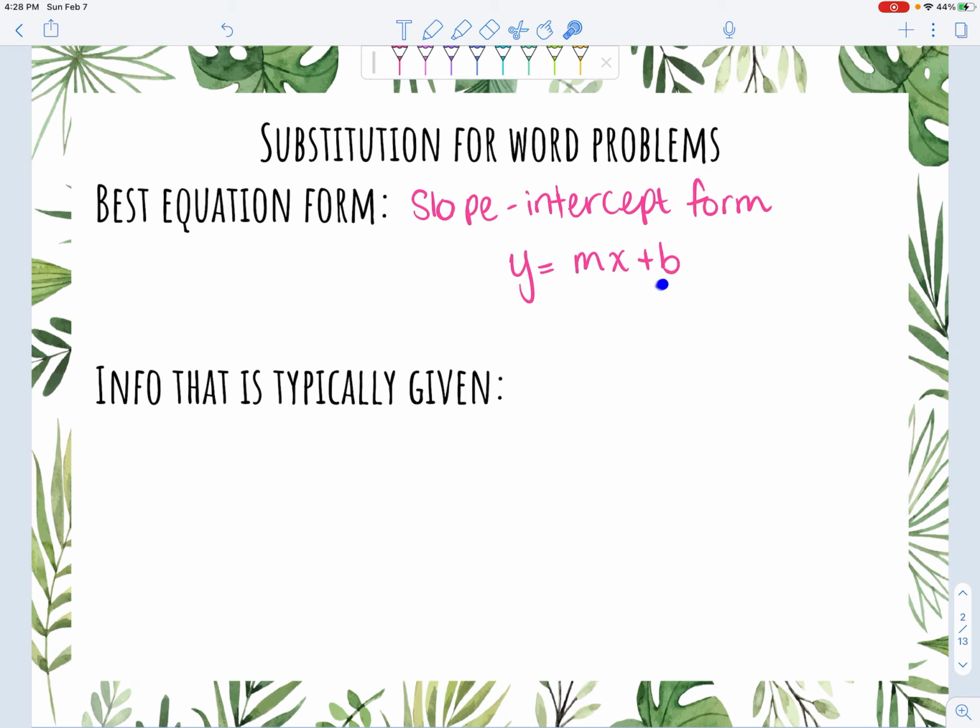They're going to give you a slope, and they're going to give you a y-intercept. So some things to look out for to know which number represents each thing. Here's some things to look out for to know that you've been given the slope. So you've been given your m value if you're given some sort of a rate. Some words and phrases to look out for to know that you've been given a rate would be words like per, or each, or for every.